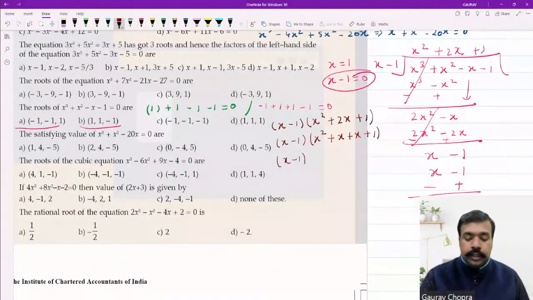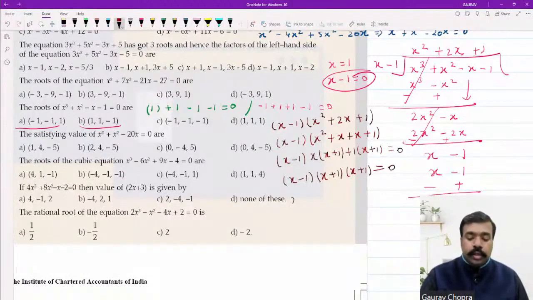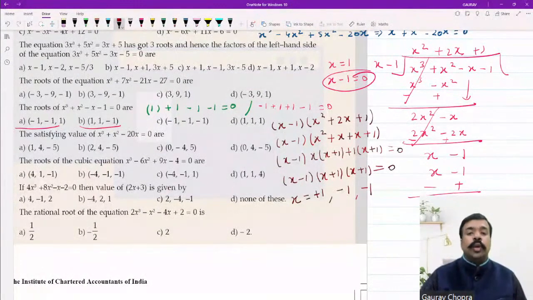Now let us take the common. X can be common, x plus 1, and here 1 is common, x plus 1. So overall, what is left? X minus 1, x plus 1, x plus 1 equal to 0. So finally, we can get x equal to 1, x equal to minus 1, and x equal to minus 1.